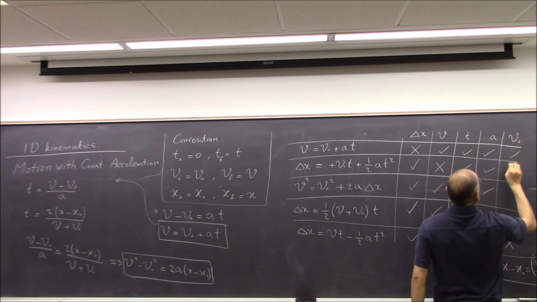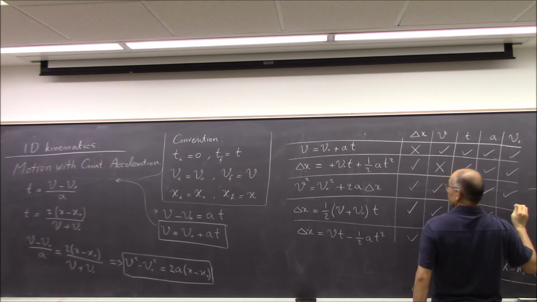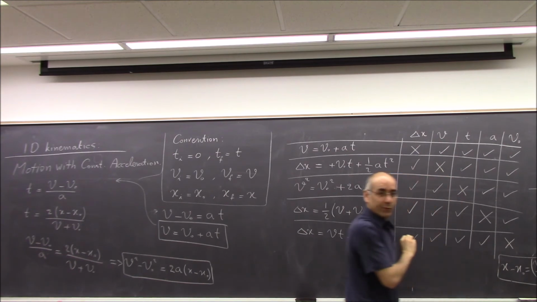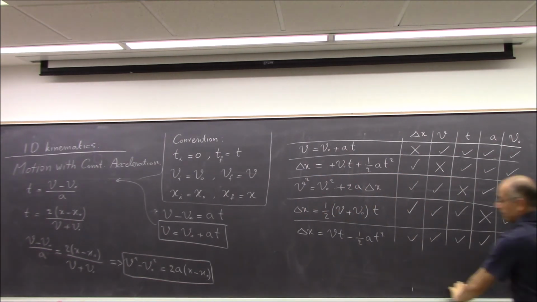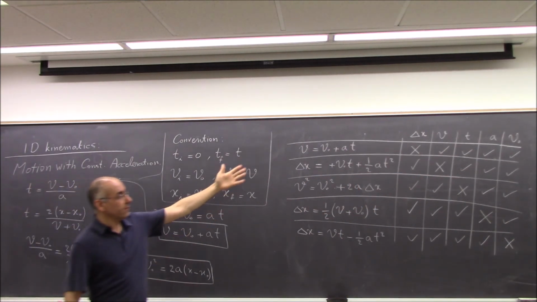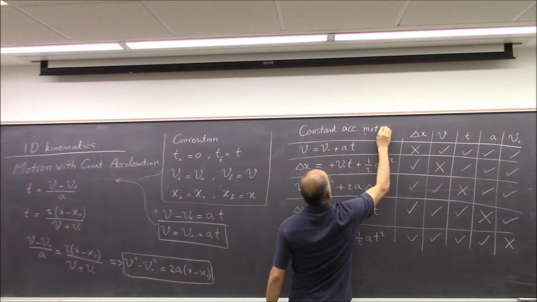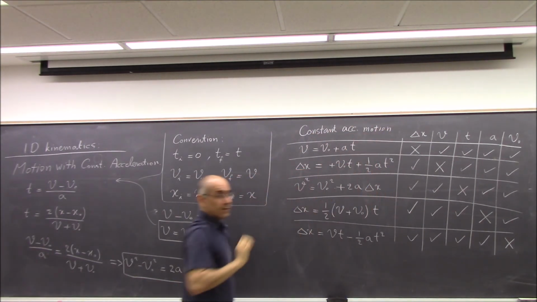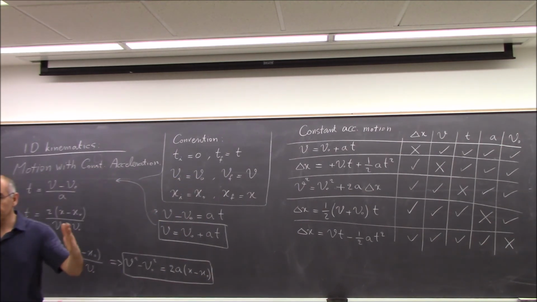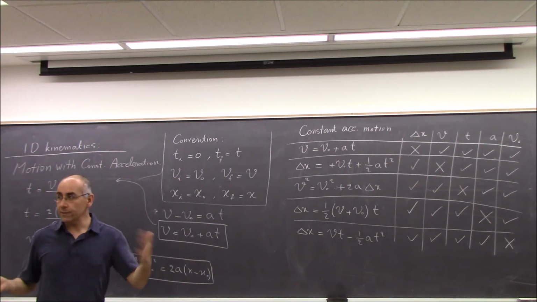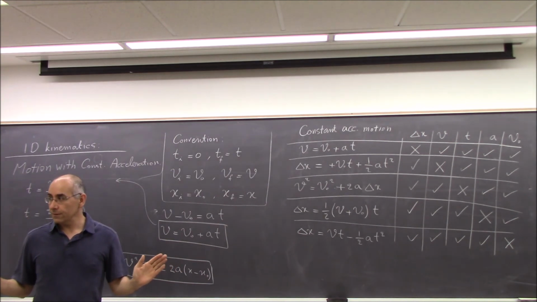If you ask initial velocity, it is in all of them, except this one. Now, you have these equations for constant acceleration motion. When motion doesn't have constant acceleration in the time interval from 0 to t, you can't use these equations.